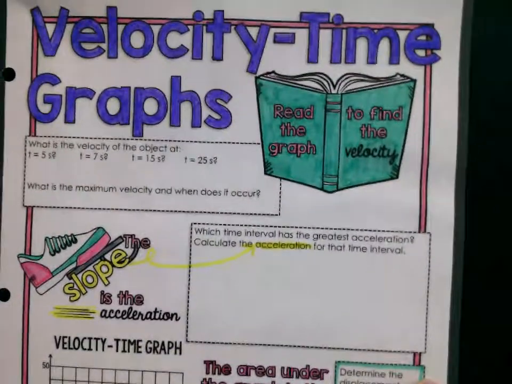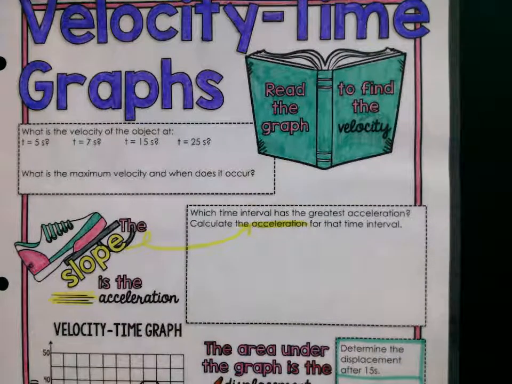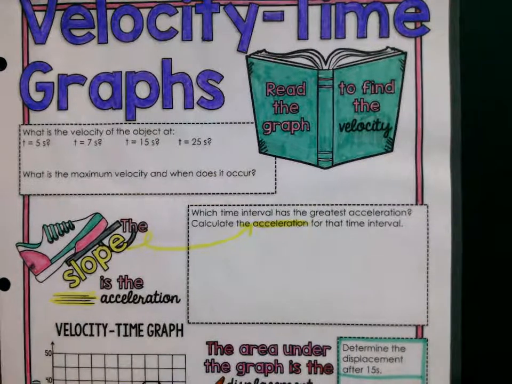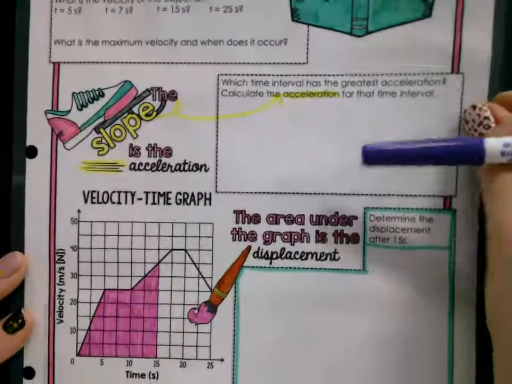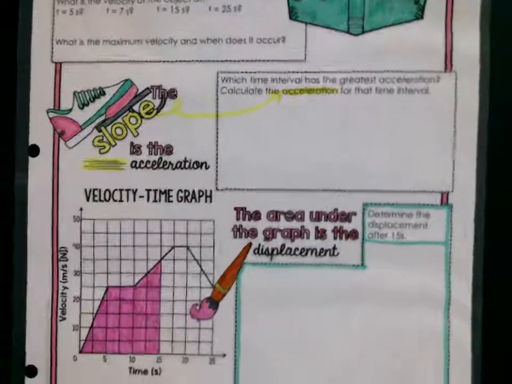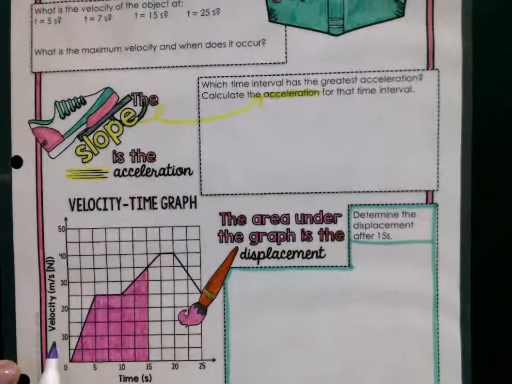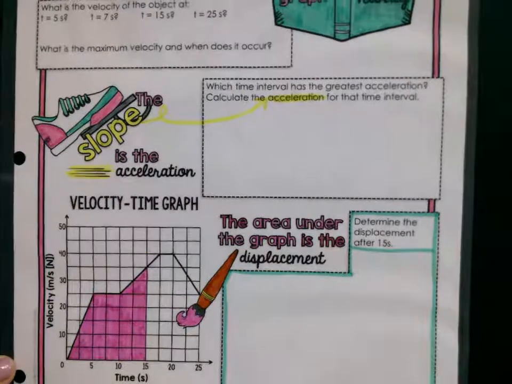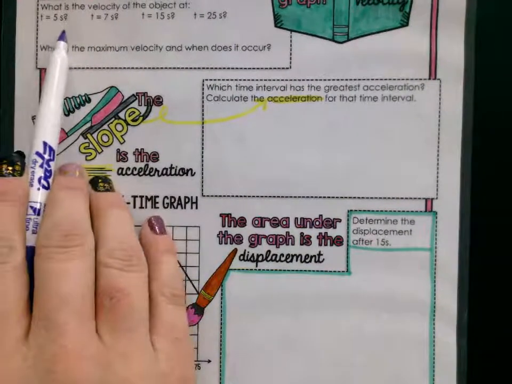So the easiest way to read a velocity time graph is just to read the graph. And if you read the graph, you can easily find the velocity. So if we look at the graph, and I'm just going to scoot it up here so we can see the whole page and the questions at the top. All right, so we're looking at velocity versus time. And the first question wants to know, what is the velocity when the time is 5 seconds?